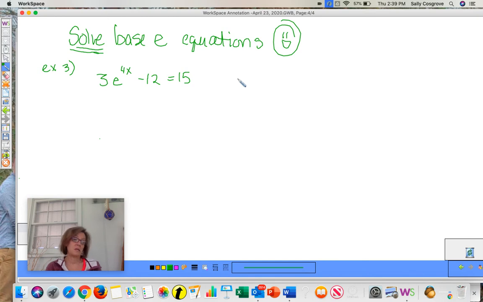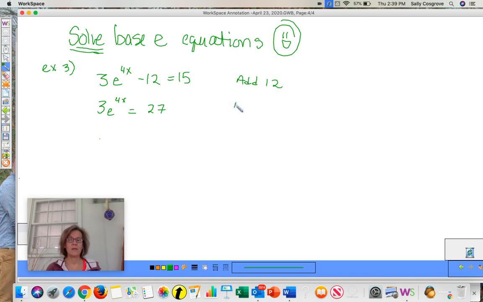So we're going to start with what you know. Let's undo the subtracting 12. So we'll add 12. And then we have 3 times e to the 4x power equals 15 plus 12 is 27. And now what do you think?